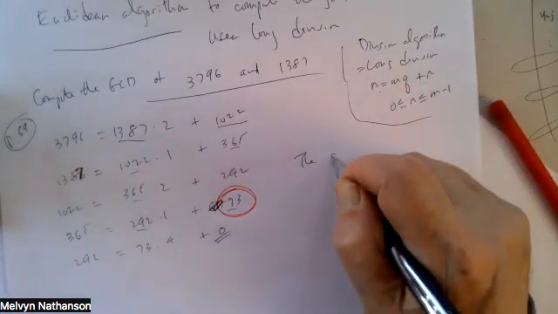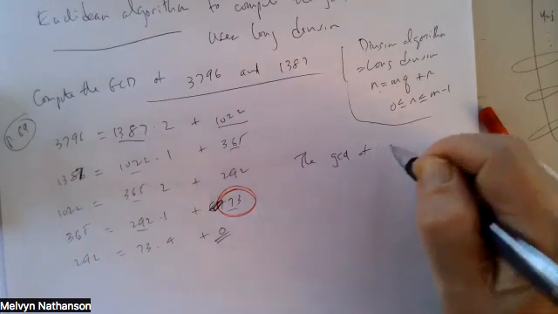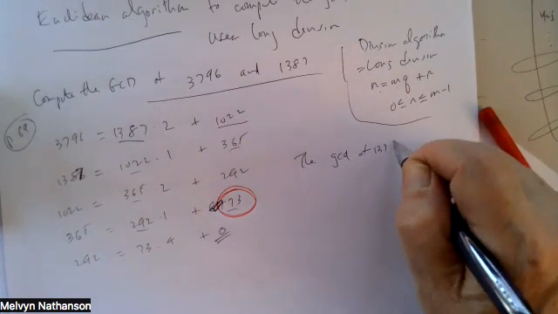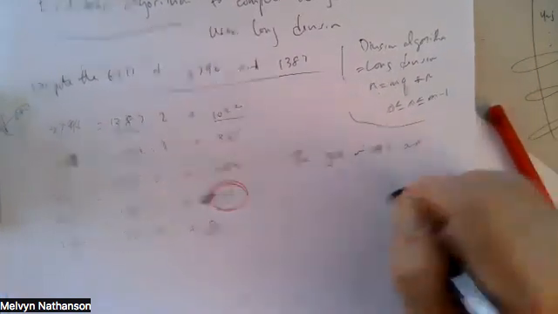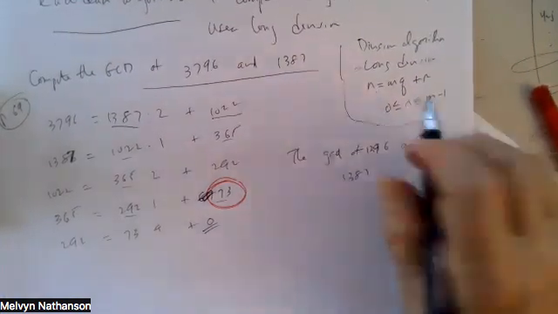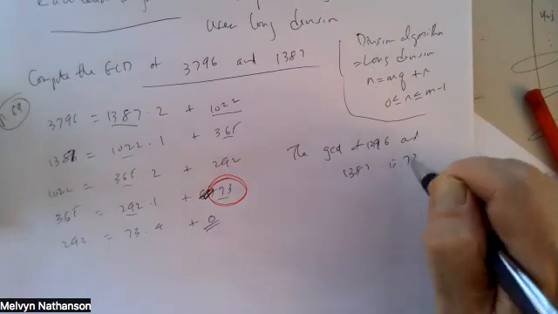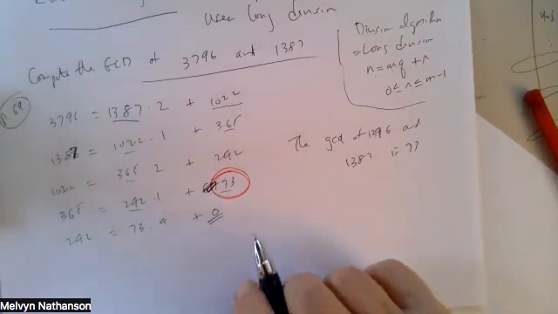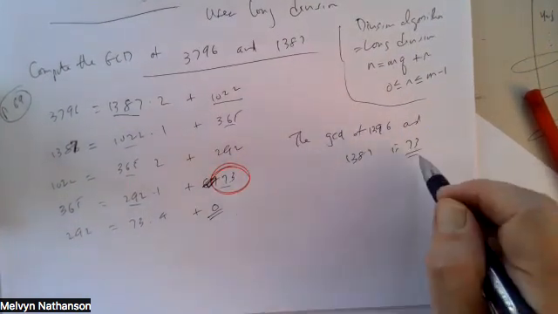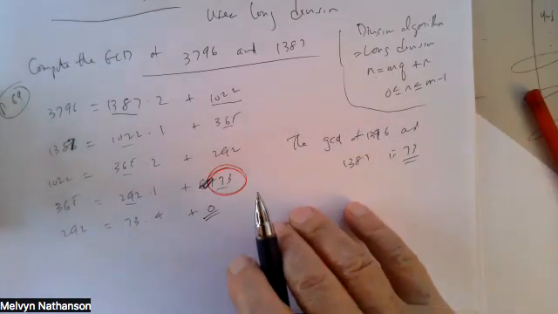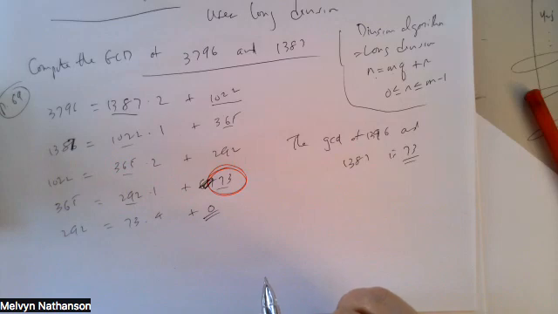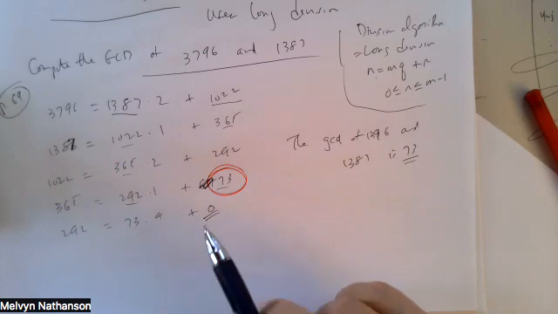So the GCD of 3796 and 1387 is 73. The GCD of, you wrote 1396.